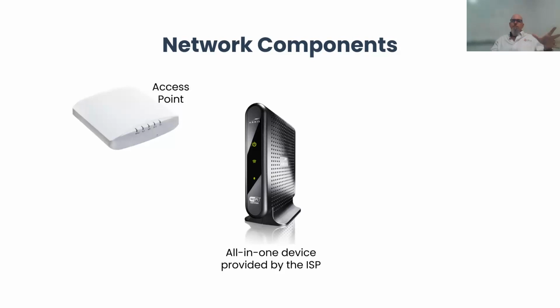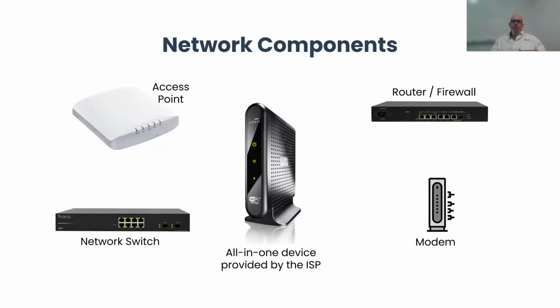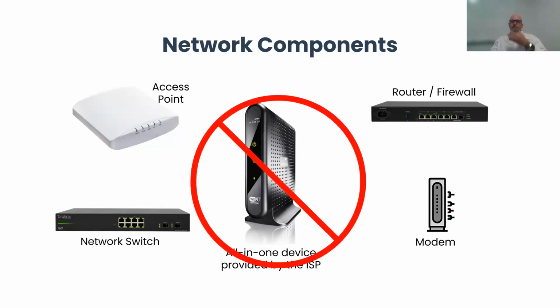It includes an access point, a network switch, a router, a firewall, and a modem. Now, all of these are needed, and this all-in-one solution is great for the ISP and many homeowners, but it's not a good solution for a security professional. And we'll talk about why.